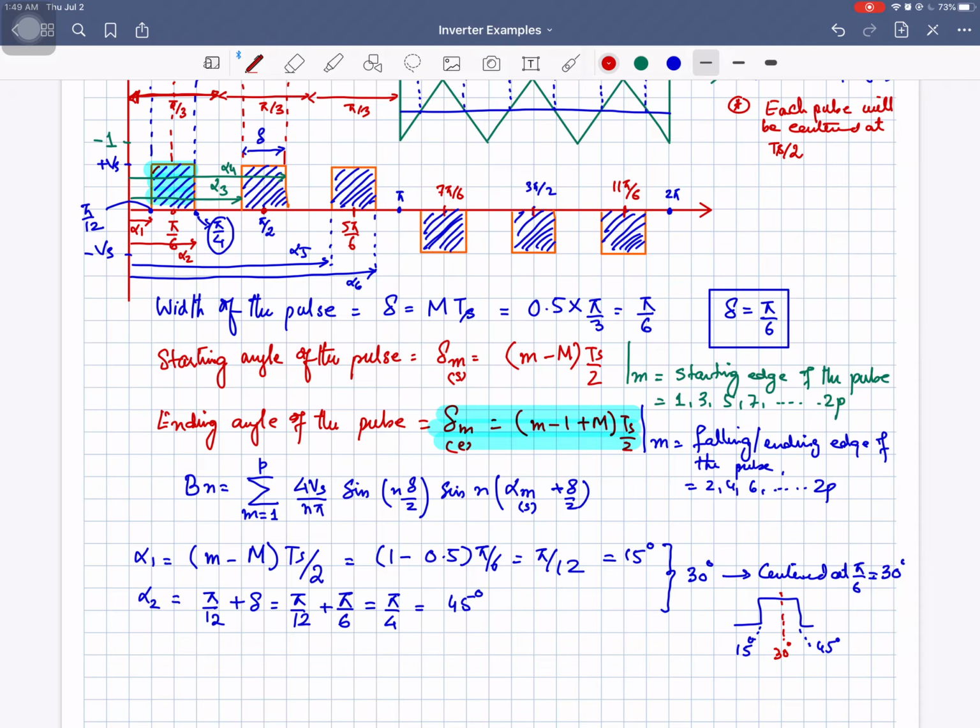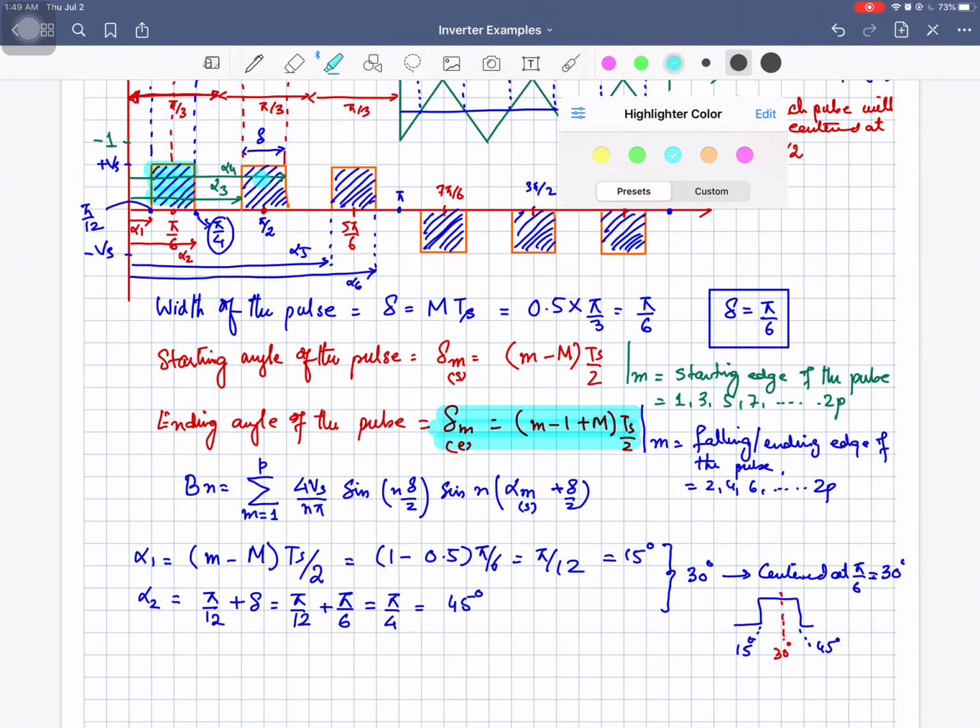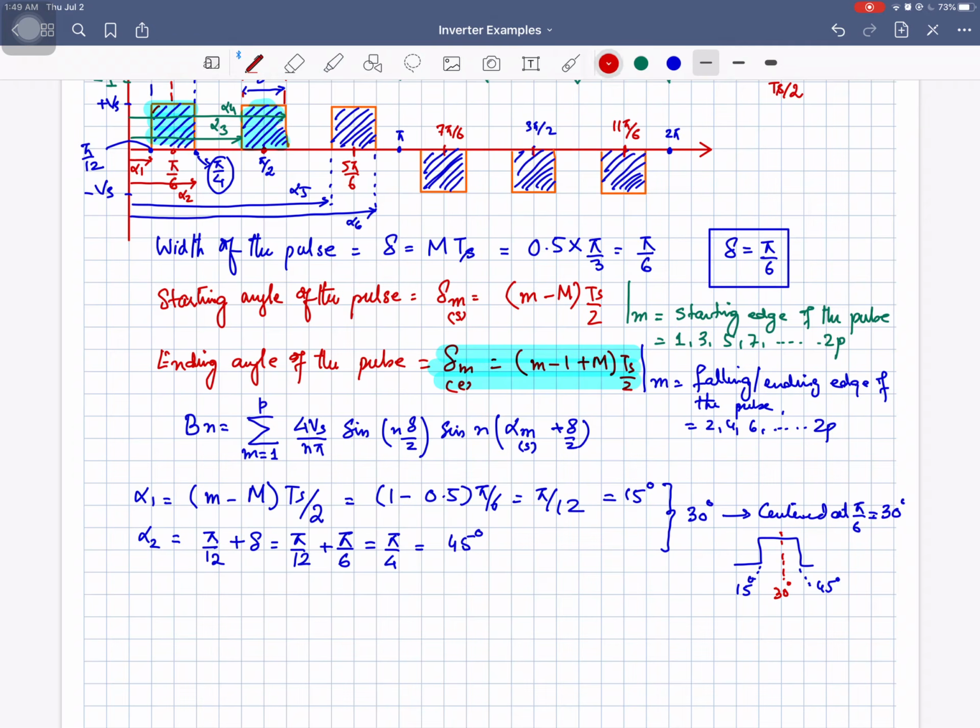Now considering the second pulse, this one, I am going to calculate alpha 3 and alpha 4. So alpha 3 can be calculated using the equation m minus capital M into Ts by 2. So m is equal to 3 and capital M is 0.5, and Ts by 2 is pi by 6. So this is equal to 5 pi by 12, and in terms of degrees it is 75.